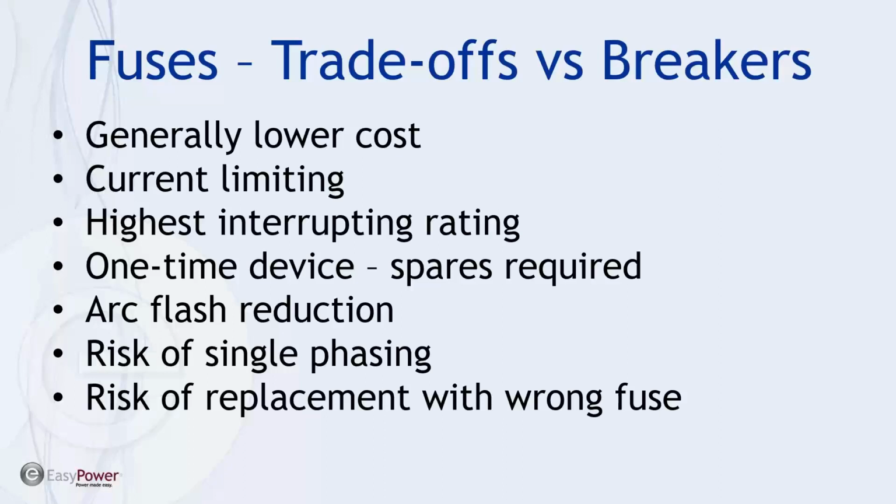And then there's the possibility, and we run into this a lot during a study, of replacement with the wrong fuse, and that would effectively change the results of, in particular, an arc flash study, whether it was recognized at the time or not.